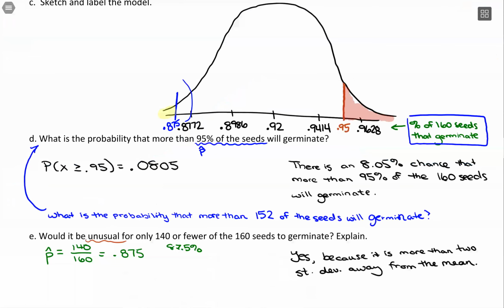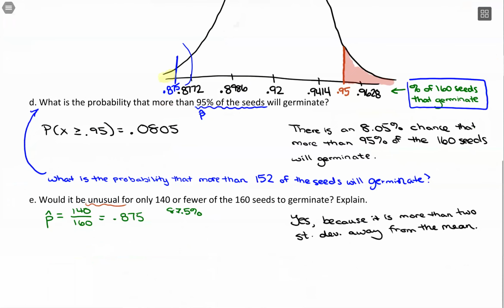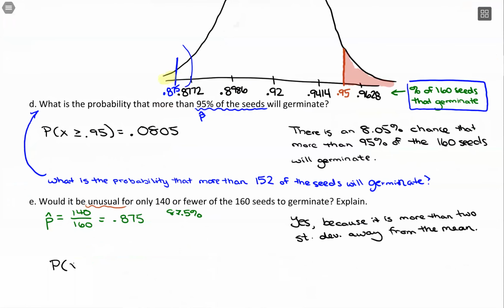So that's pretty rare. So you could have also done this by finding the probability being less than or equal to 0.875, which is a 0.0177, or a 1.77% chance. And that also shows that it's unusual. So we could go, yes, it has a very low probability.